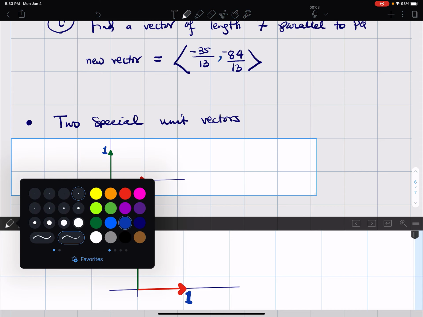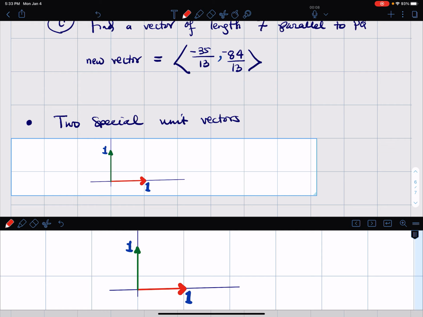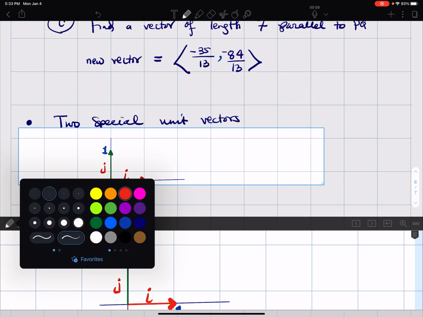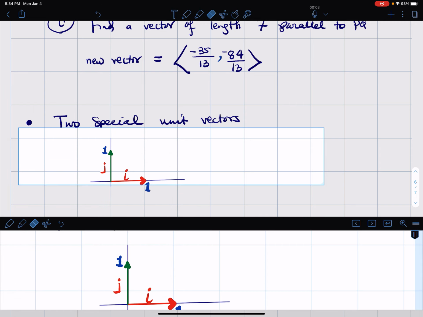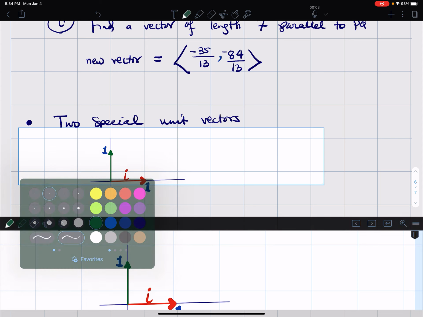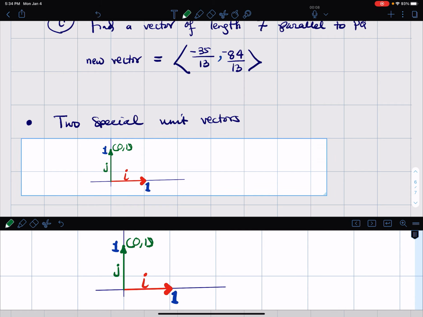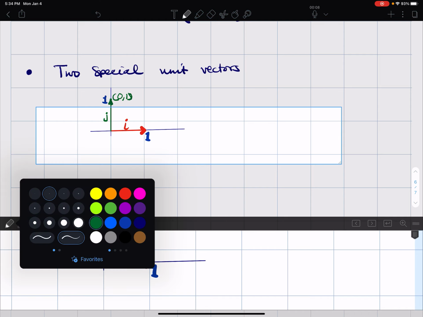So we're going to call this vector i, and we're going to call this one j. The vectors start from the origin, and at i the coordinate of the head is (1, 0), and at j the coordinate of the head is (0, 1).